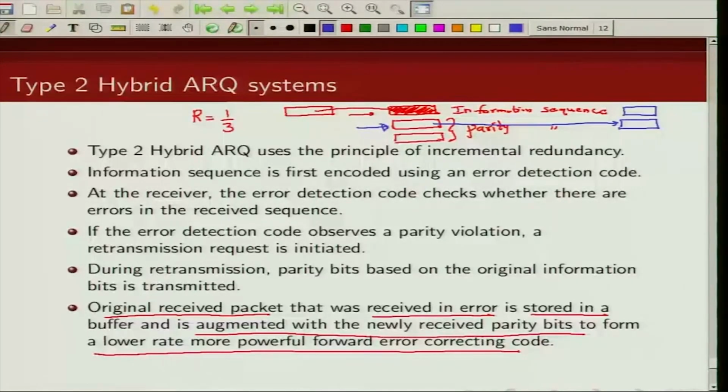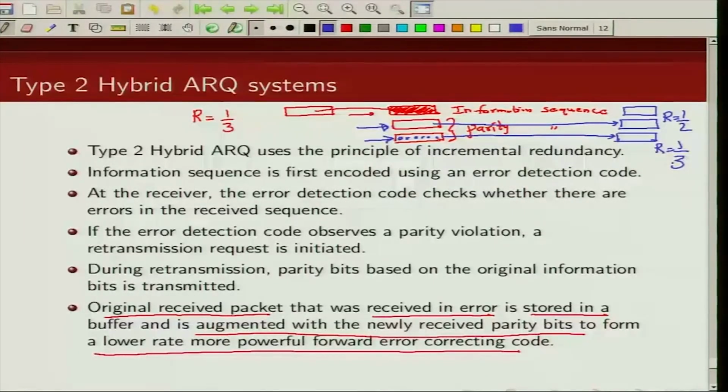So now what's going to happen is, you are effectively creating a rate half code at the receiver, and now this rate half decoder will try to correct errors. Now if this fails, again the receiver will ask for retransmission, then the transmitter is going to send you another set of parity sequence which is different from what was sent earlier. So this new set of parity sequence is now sent here. Now your code has become a rate 1/3 code.